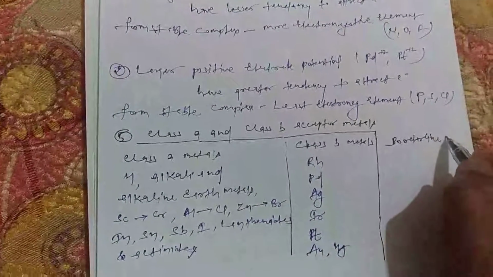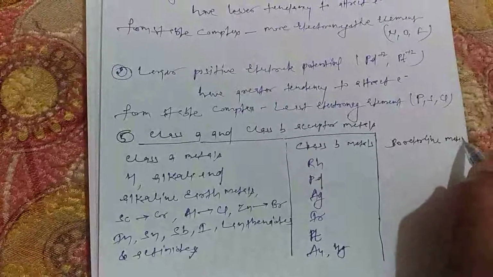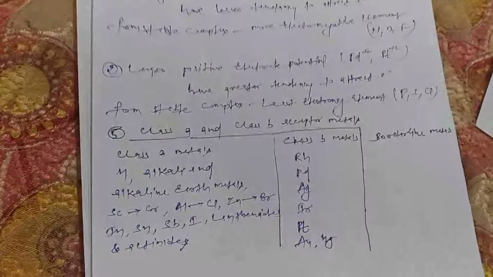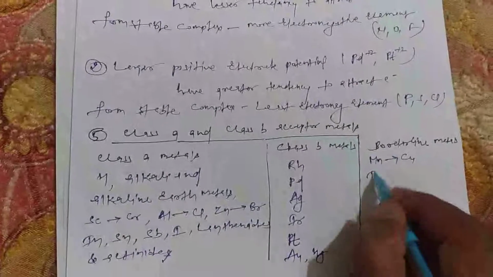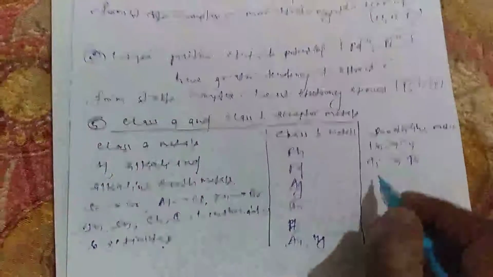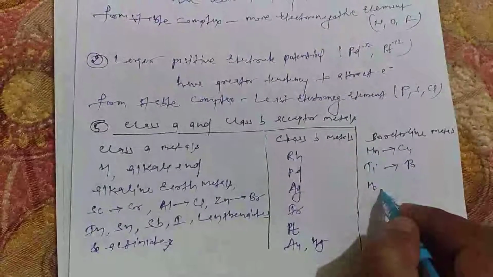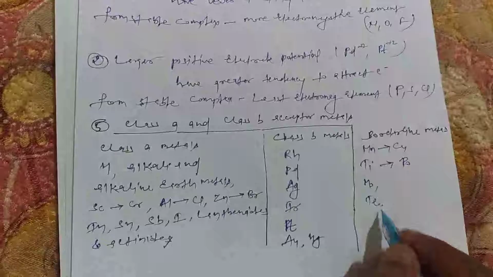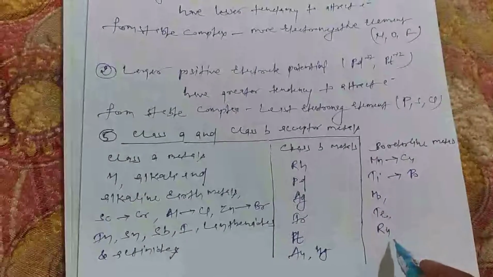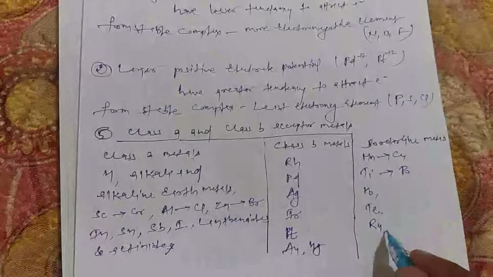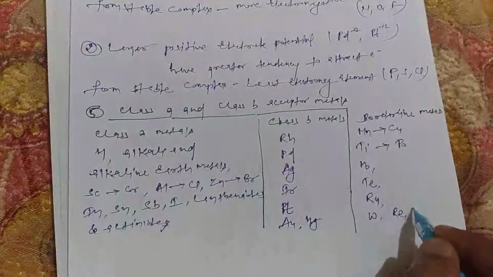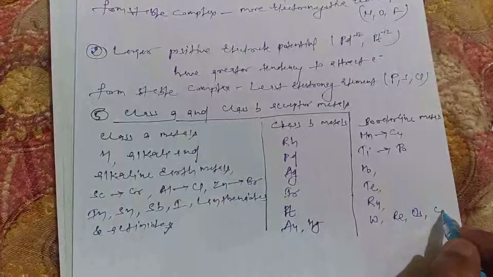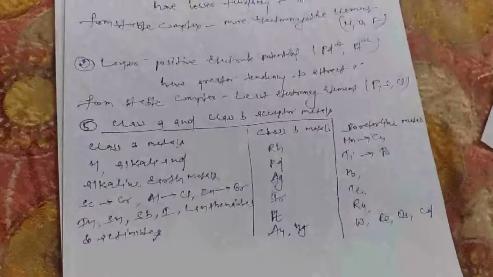Borderline metals are like manganese to copper, titanium to palladium, Mo, molybdenum, beryllium, Ru, W tungsten, Re, osmium and cadmium. So these are the borderline metals.